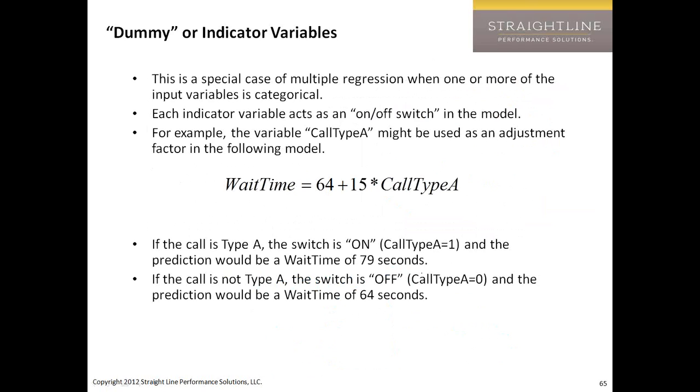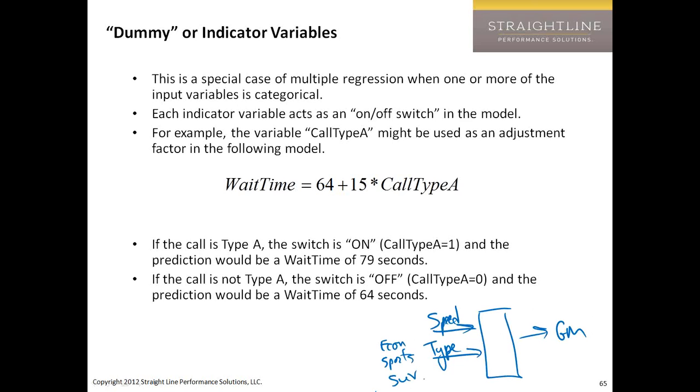Another thing that we can do is sometimes we don't have numbers. Gas mileage might be affected by the speed that you drive, but also might be affected by the type of the car. Maybe the types are economy, sports, or SUV, or whatever. There could be others.